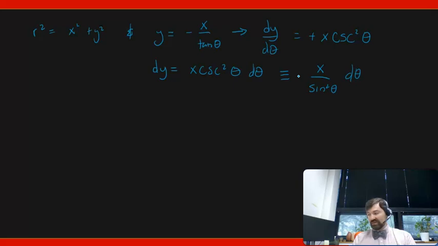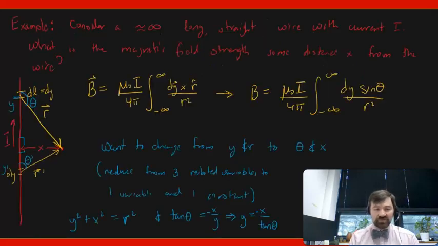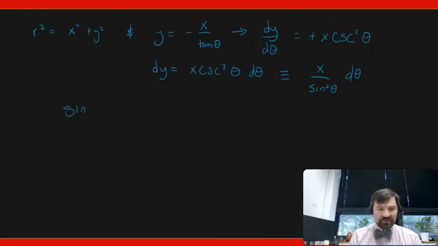All right, so now what we do is we ask, what is the sine of theta equal to? So coming back over to this triangle, if I take the sine of theta, that should be opposite divided by hypotenuse. So sine of theta should look like x divided by r.